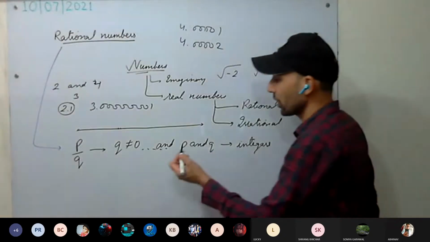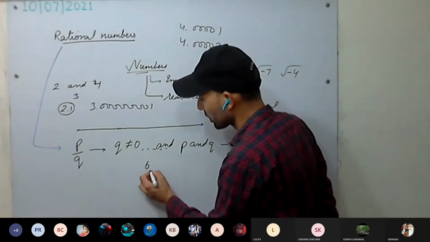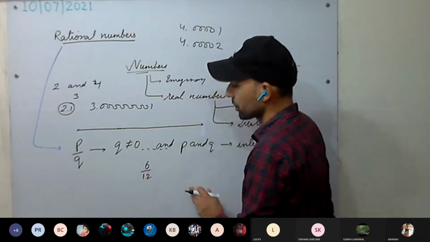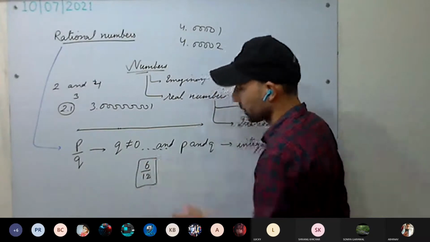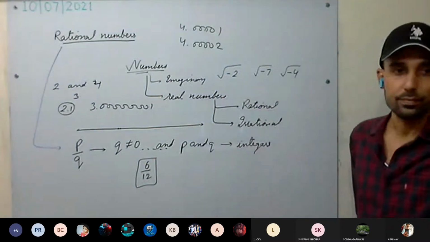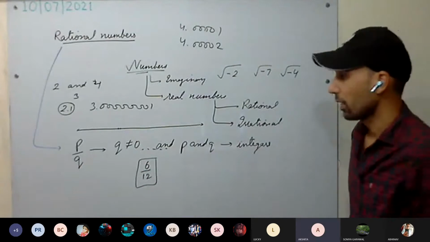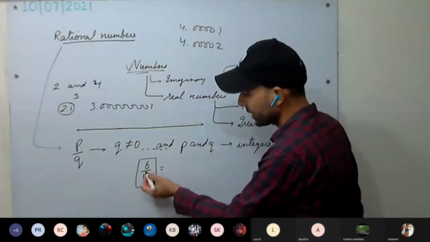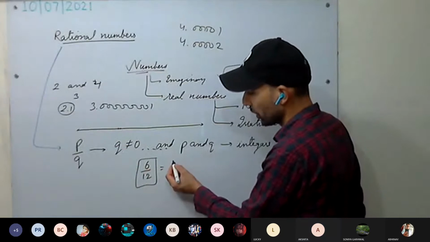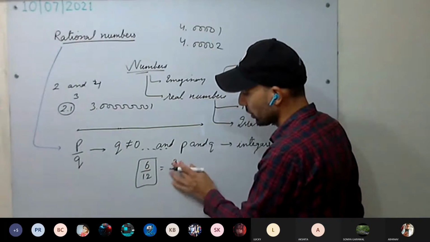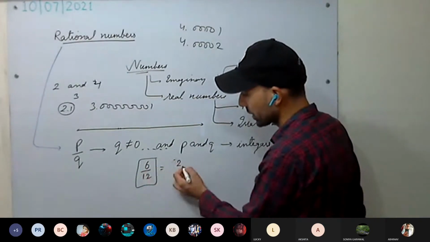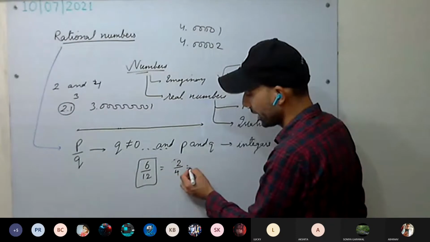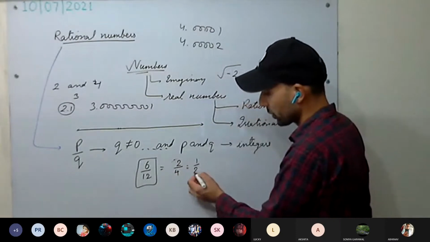So for example, you are provided with 6 upon 12. Is it a rational number? Yes. Why? It can be expressed in the form of P by Q. I can cancel the common factor: 3 2s are 6, 3 4s are 12. Again, it is going to 1 by 2.